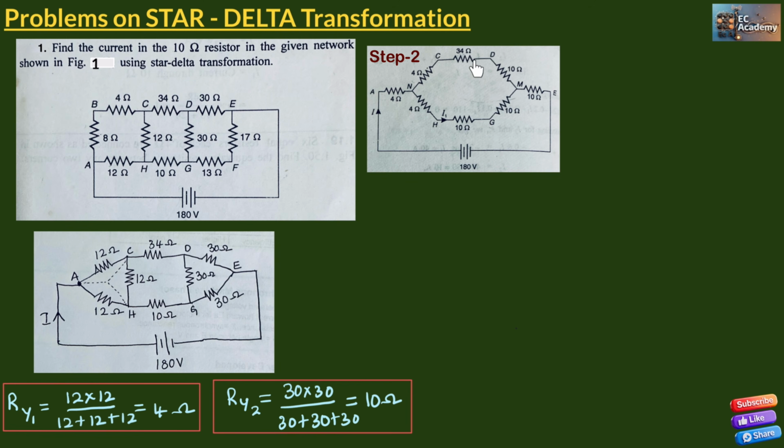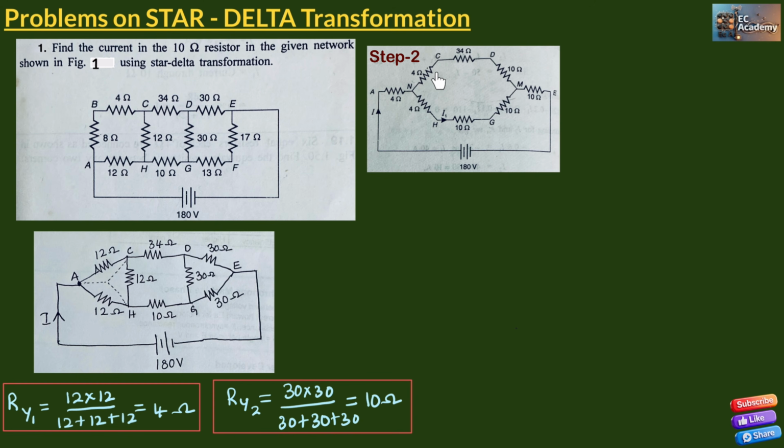So, we have retained the 34 ohm and 10 ohm as they are, and we have connected a star network which consists of 4 ohm resistances, and one more star network which consists of 10 ohm resistances.